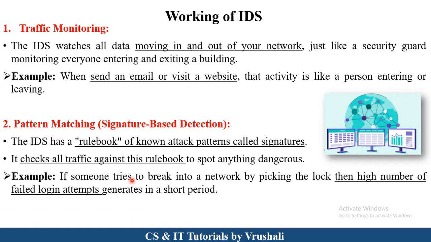This is called unusual activity. They monitor a high number of failed login attempts, which is unusual as per their rule book. That's why they match the pattern of each and every user's activity.